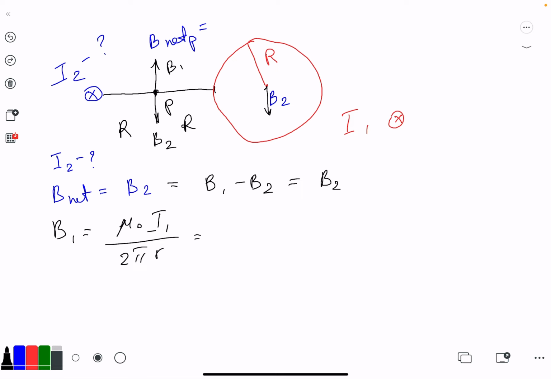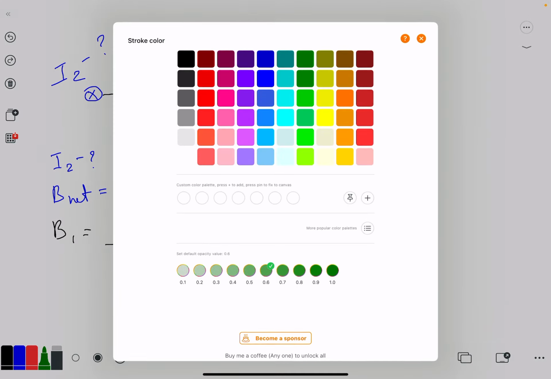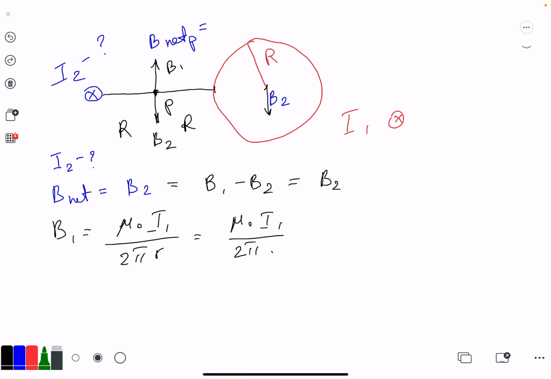The distance is 2r. Okay, we found that. Now what about B2?